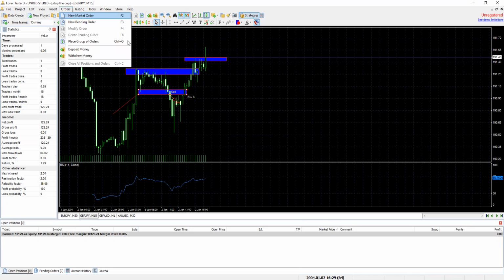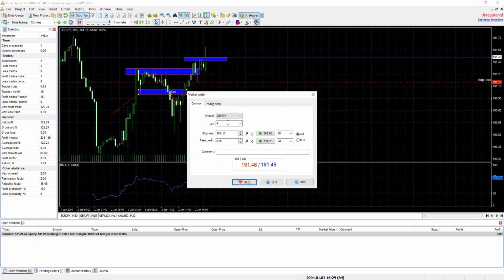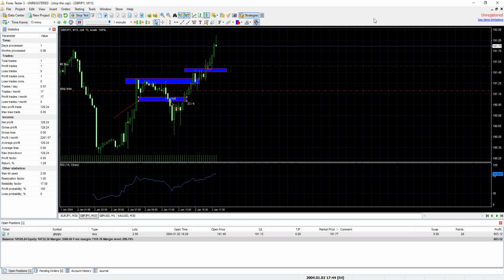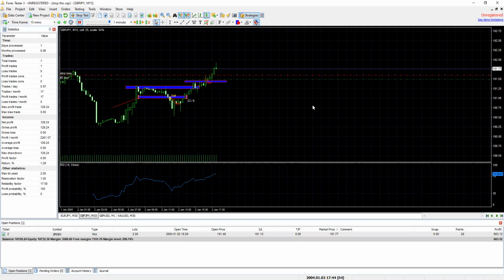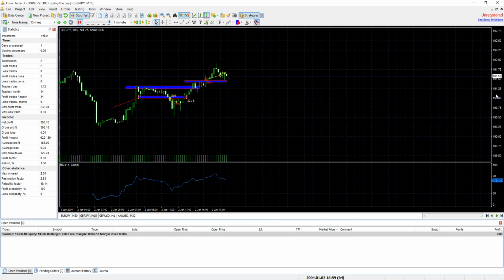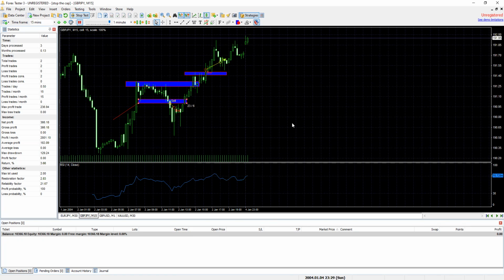So it makes sense to buy, have your stop loss below this, 30 pips being risk, 2 lots on a $10,000 account, and it's a buy. Price is already up 1-to-1 at this point. You just move your stop loss to break even, and I have set our TP at around 60 pips, so 63, for example. Price just retraced, but we are protected regardless, and we are just going to look for another opportunity again.